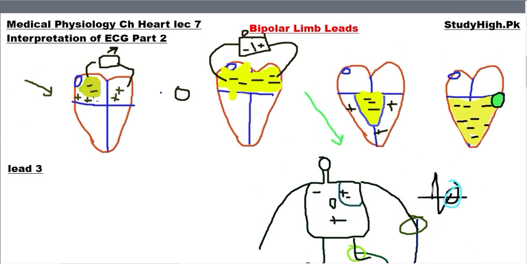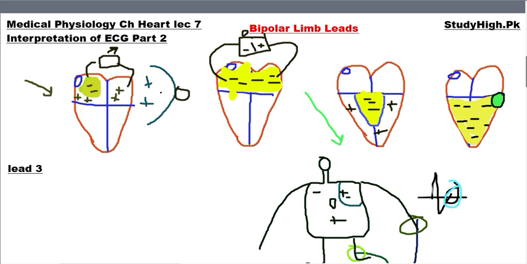It will be positive, and when our SA node is just initiating an action potential, this region is in depolarized form, and this is in polarized form. When it is in polarized form, it will cause positive charges, it will also cause positive potential in the fluid region around the heart, and as a result this will also be transferred to the left arm.